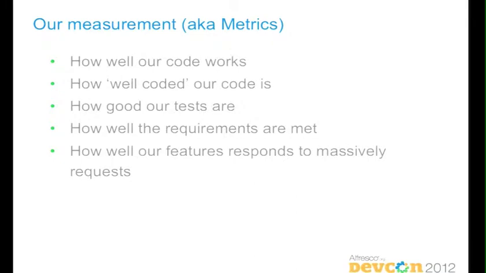For example, how well coded our code is, how good our tests are, how performant the code is, so how fast it is when it has massive requests, and of course how well the requirements are met, because if your code is awesome but does not meet the requirements of your customer, it's useless.